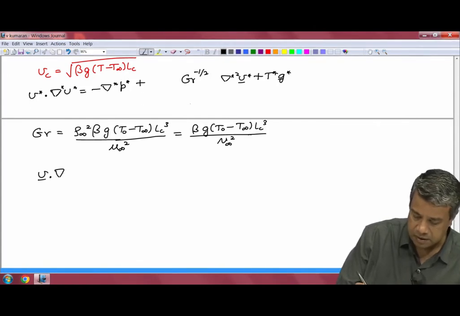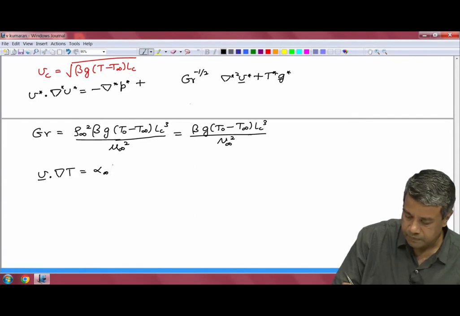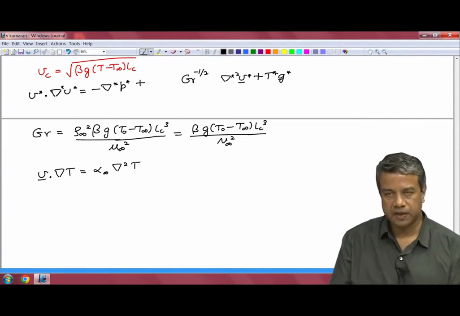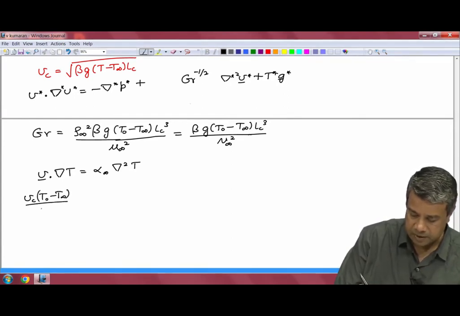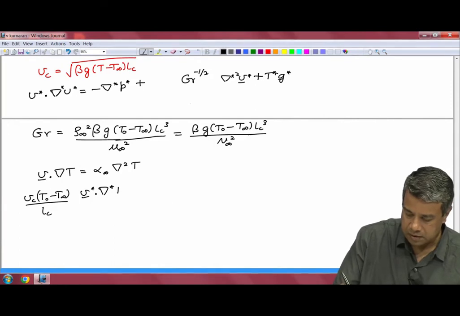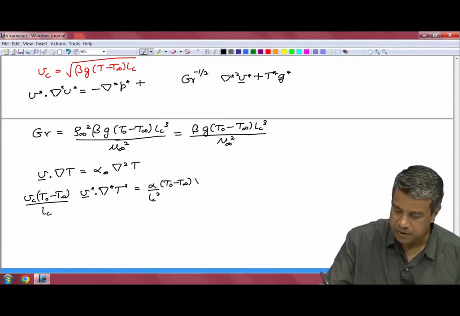V dot grad T is equal to alpha infinity del square T. Substituting the characteristic velocity times T naught minus T infinity by L c into V dot grad T in scaled quantities is equal to alpha by L c square into T naught minus T infinity del star square T star.